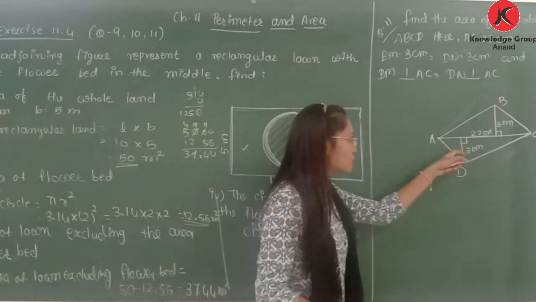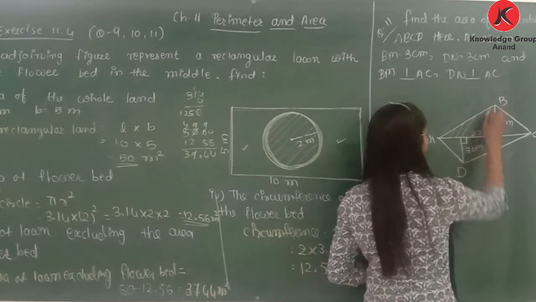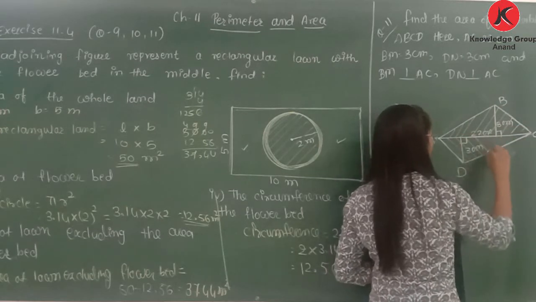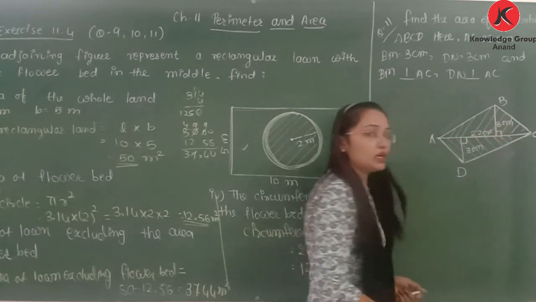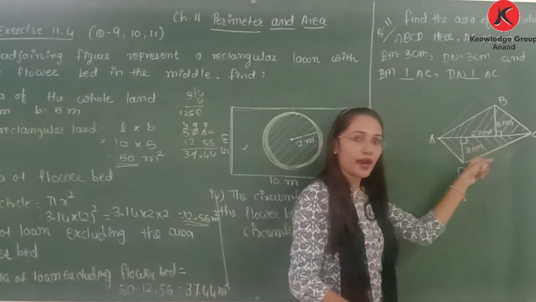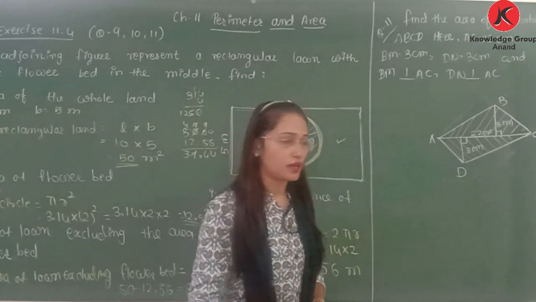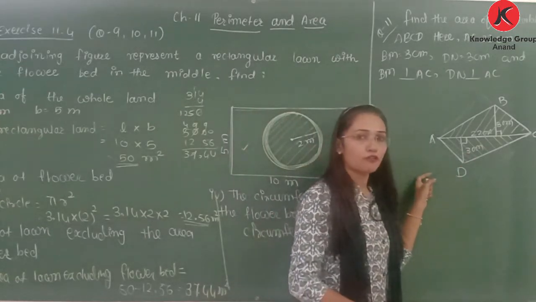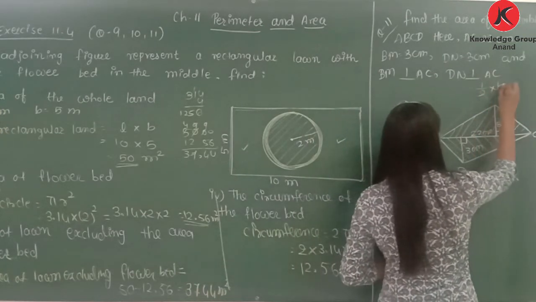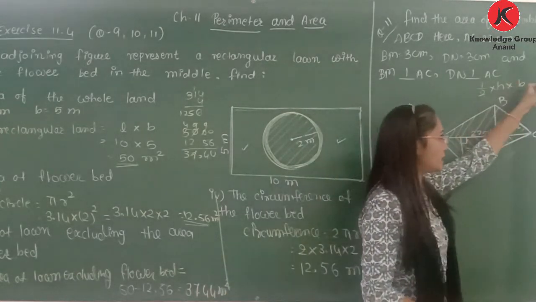Now we divide this quadrilateral into 2 triangles. This is the upper triangle ABC and this is the lower triangle ACD, with common side AC. If we find the area of ABC and the area of ACD and then add them, we get the area of quadrilateral ABCD. Clear? What is the equation for the area of a triangle? It is 1 by 2 times height multiplied by base. So we need two values, height and base.